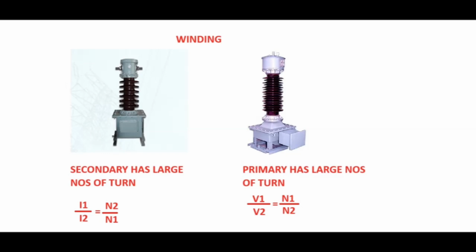Since I1 is a large quantity and I2 is a very small quantity, N2 is much more than N1.